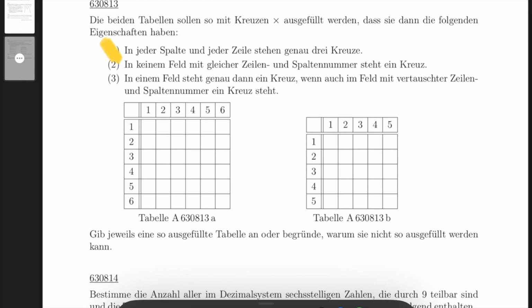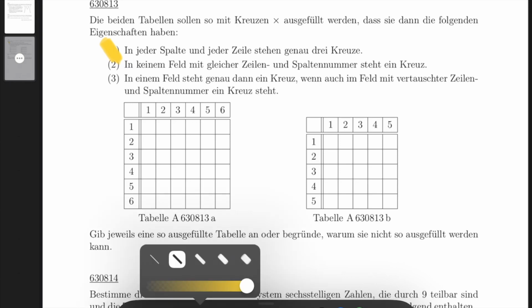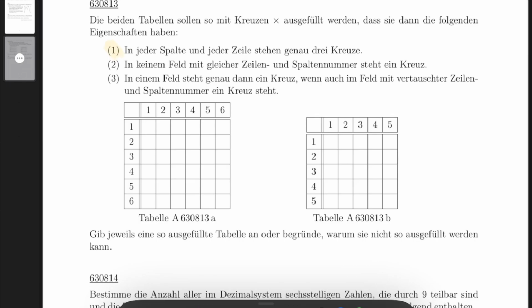The rule number 1 means we want to have, on each line here or here, exactly 3 crosses.